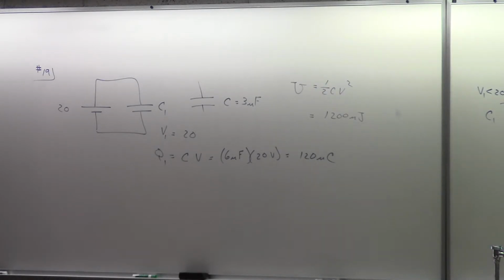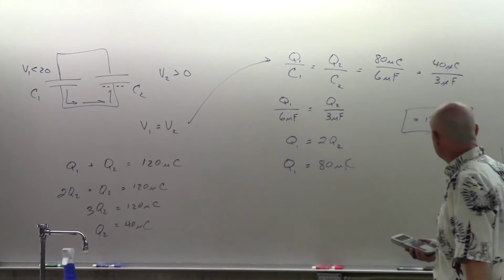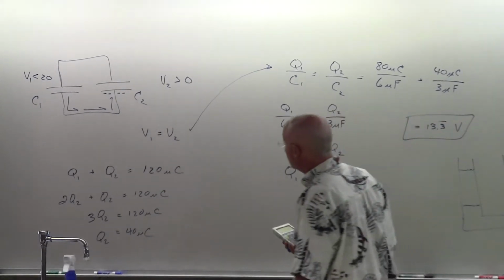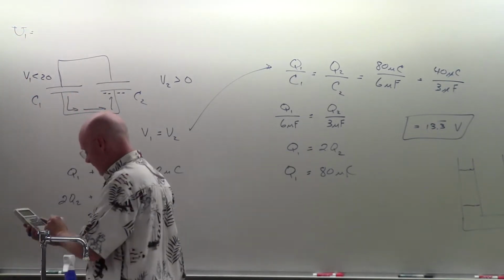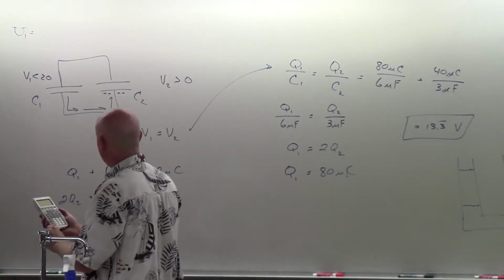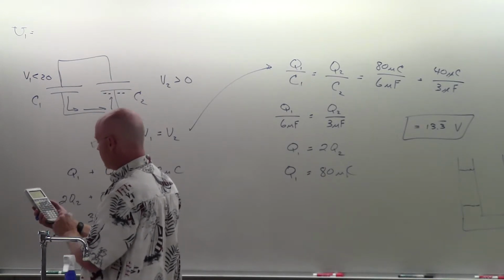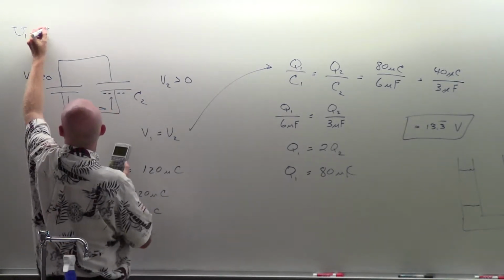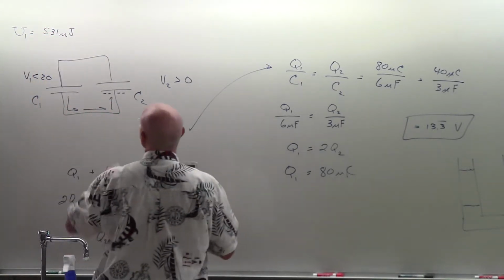When I then close the switch and let it move from here over to there, I got a voltage of 13.3. So the energy on number 1 is 1/2 times 6 times 13.3 squared, which is 531 microjoules of energy.